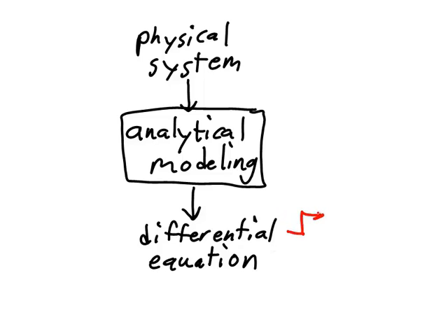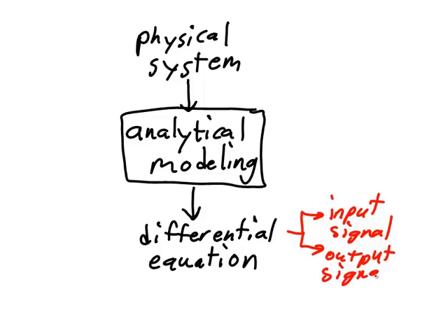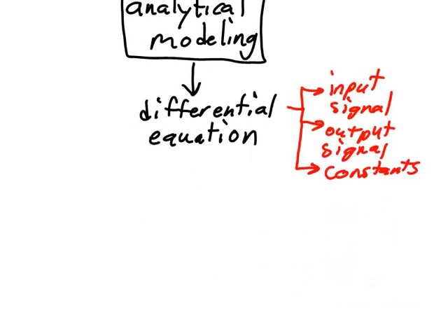It can have the input signal as a function of time, it can have the output signal also as a function of time, and it can have constants. Our goal here is to figure out what the output signal will look like given some specified input signal.